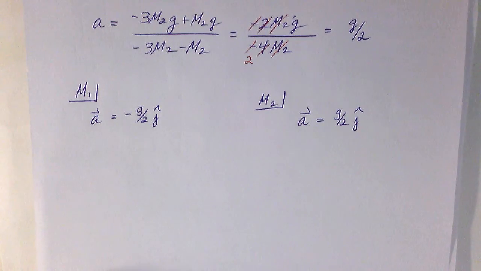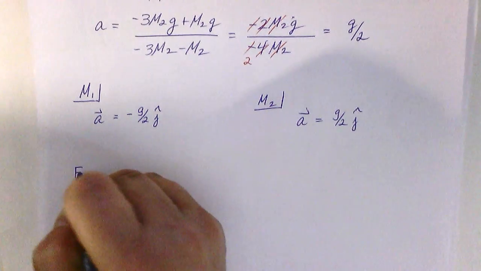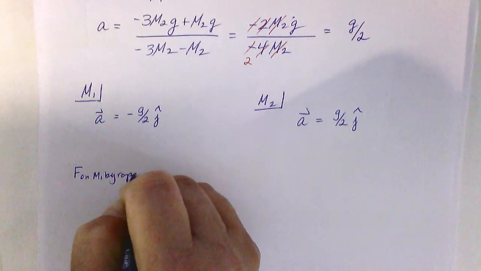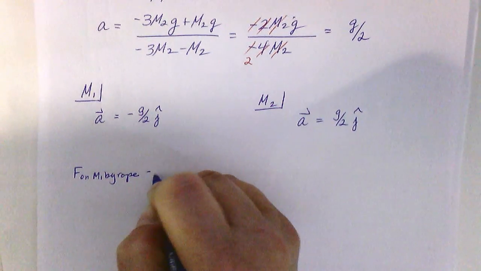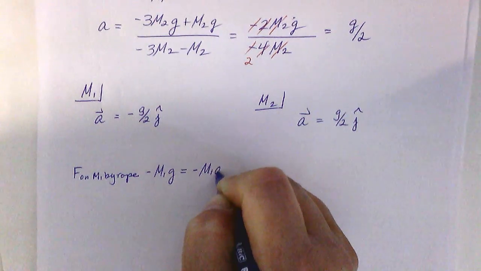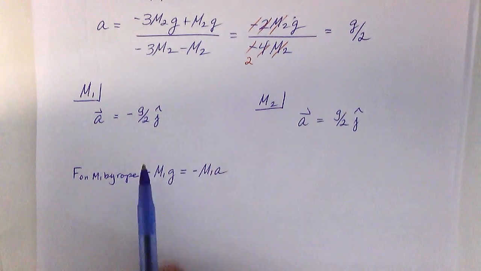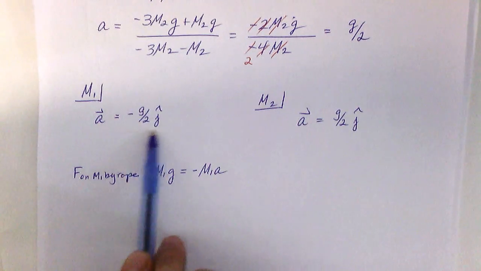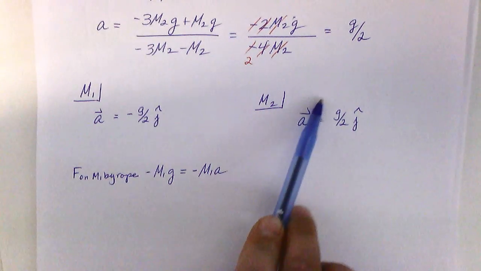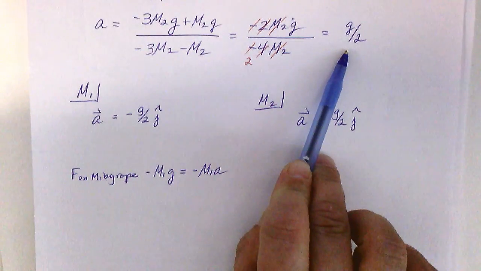If we go back to our previous equation, we know that F on M1 by rope minus M1 G is equal to negative M1 A. We can substitute in the magnitude of A into this equation, which would just be G over 2.